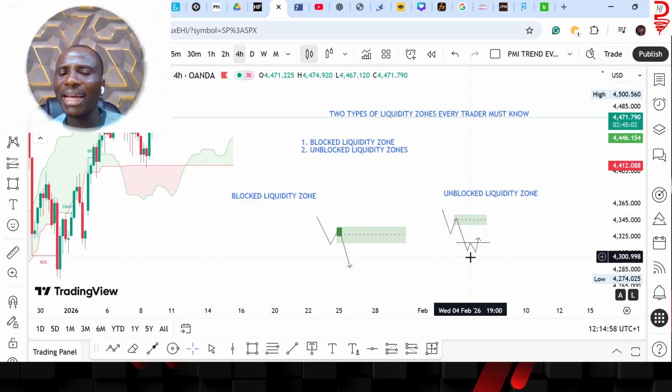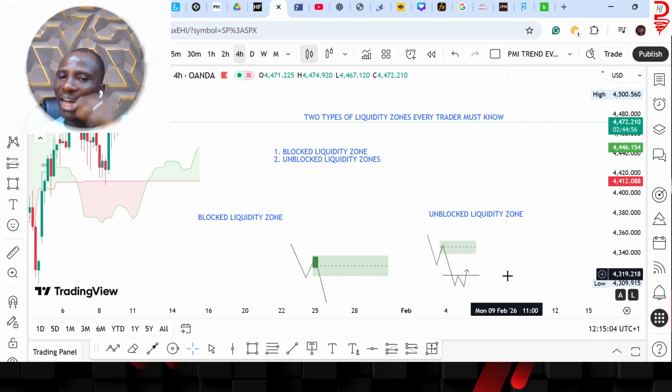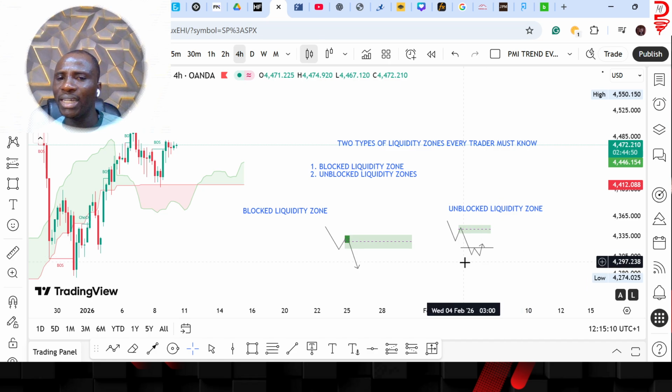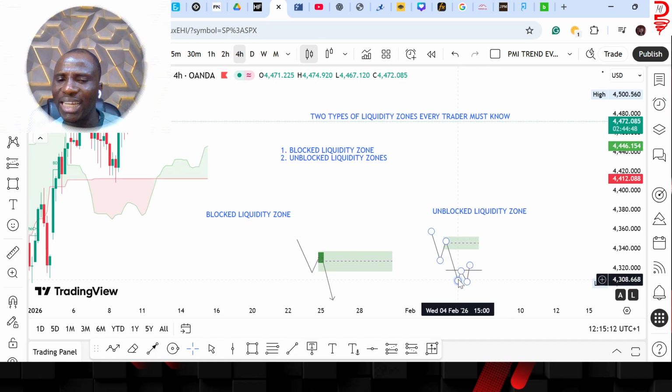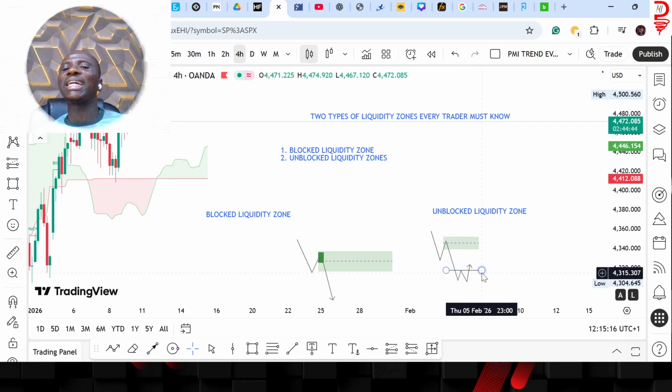However, the market can create something that looks like a liquidity area that you cannot see if you are not careful. So after this break of structure, you will see the market create a movement like a correction. Then it will now create another movement as if it's going.